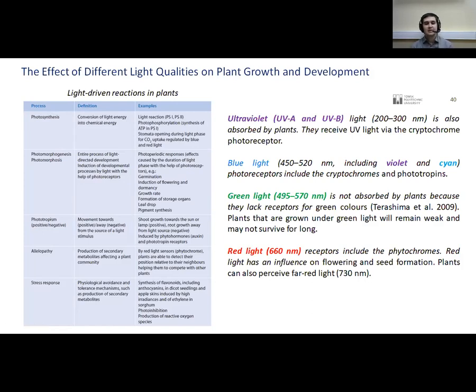But unfortunately, as I said, we have no ideal recipe to increase the productivity of plant growth. But why not?